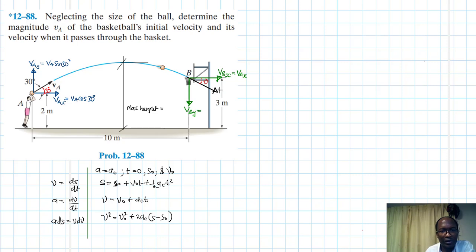Let's call this one our VB. Of course we are not finding theta unless otherwise.